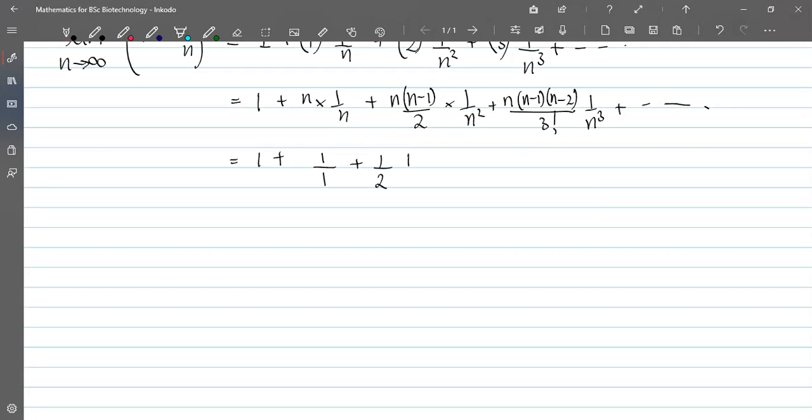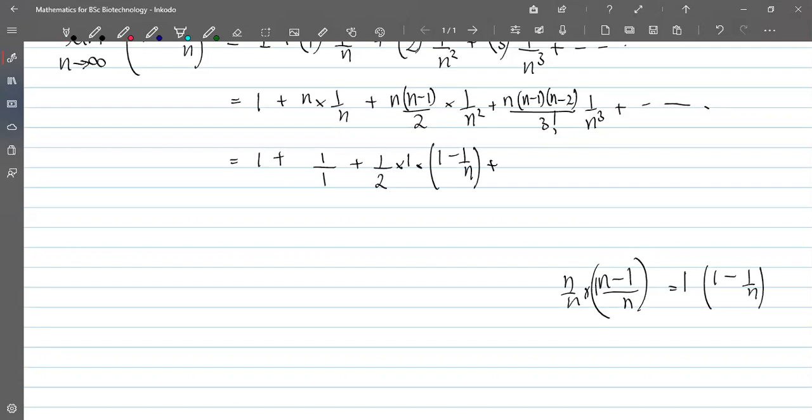That will just become 1, and n by n is 1, and the other is n minus 1 by n, right? So it is n by n times n minus 1 by n after the 1 by 2. So this n minus 1 by n is 1 minus 1 by n. So it is 1 by 2 times 1 times 1 minus 1 by n.